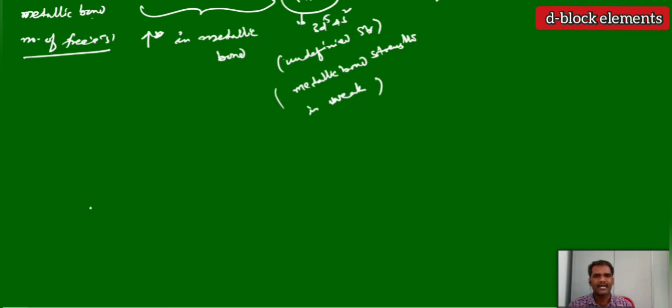In the 5d series, from lanthanum to tungsten it will increase, and again from tungsten to mercury it will decrease. But overall, in 3d, 4d, 5d, top to bottom, the metallic nature increases. So if the metallic nature increases, the metallic bond strength increases, and melting points increase in general.